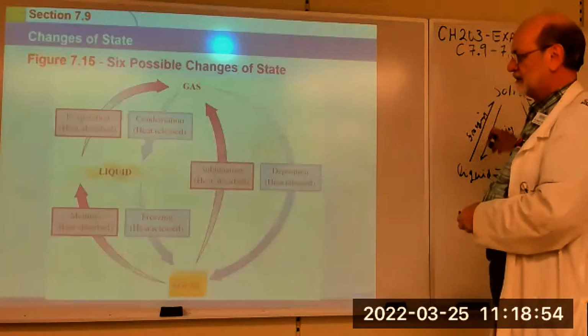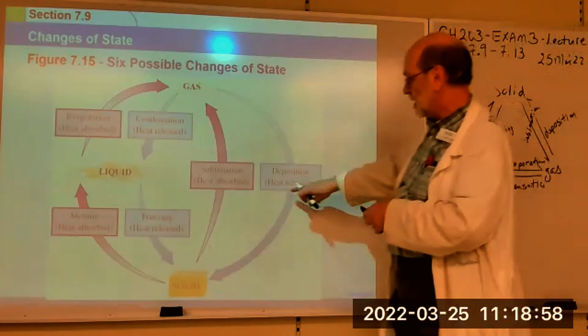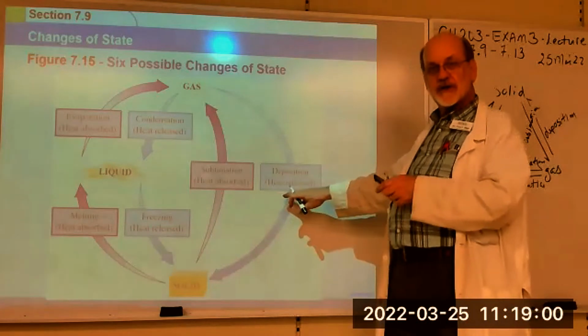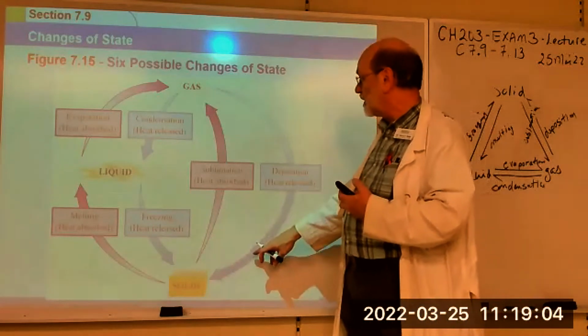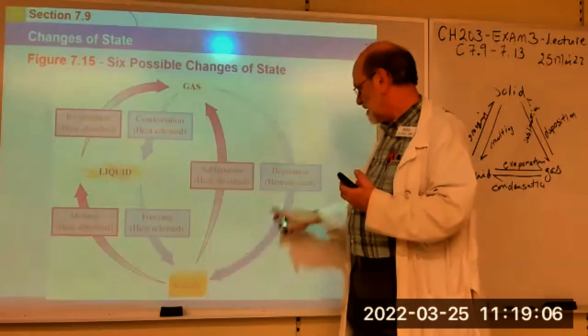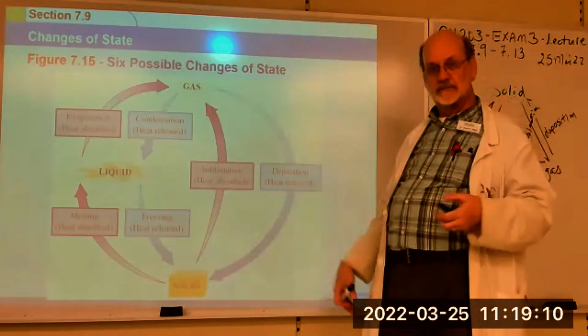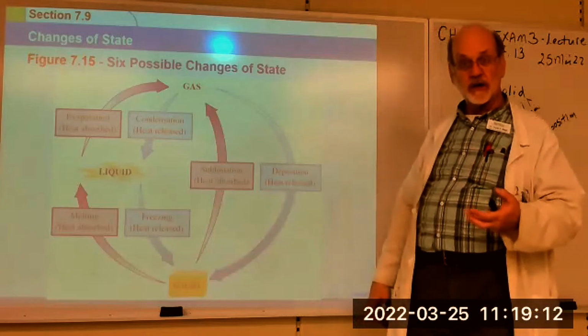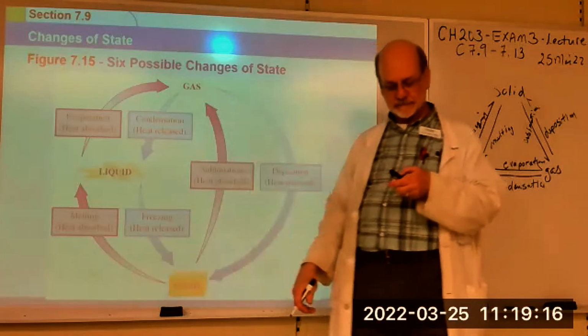I like this one better. But this also includes a description of which way the heat is flowing. When you go from gas to solid, you're releasing energy. Energy is coming out, so it should get warmer, or it should get colder if you're going from solid to gas.